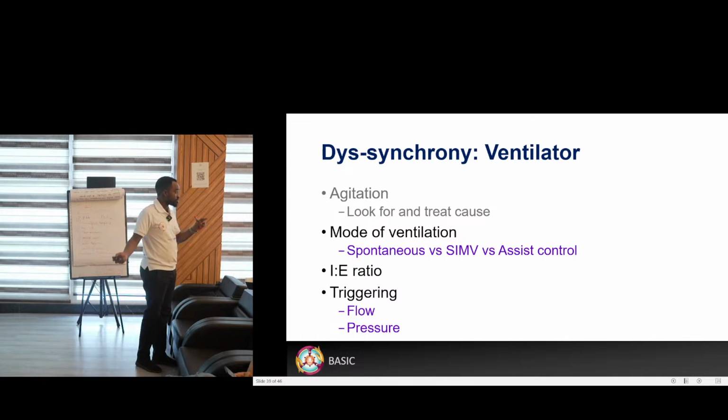We have two types of trigger, flow and pressure. So either you have set flow or you have set pressure. Different vents differ on the trigger modes they have, but we recommend the use of flow triggering. It's very sensitive and easy to use for your patient.